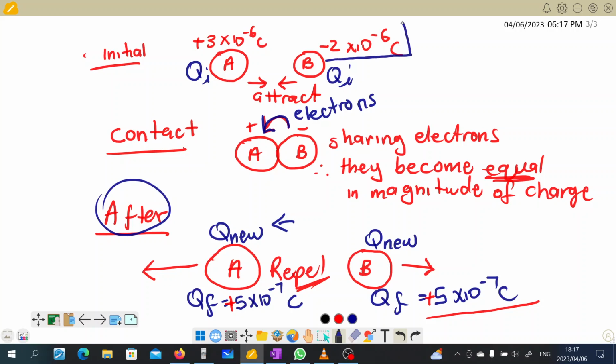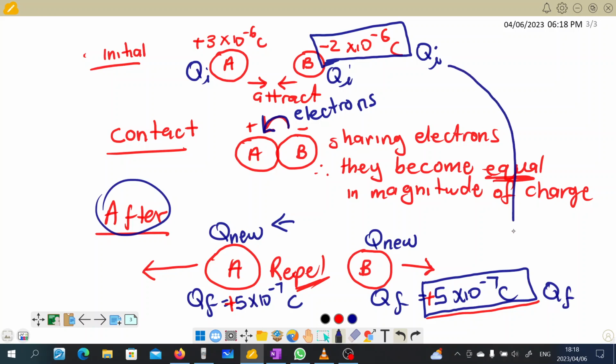Look, initially this was B, negative 2 microcoulombs, or negative 2 times 10 to the power negative 6. But after contact now, look at B. B now is positive 5 times 10 to the power negative 7. There is a change here from the initial amount of charge of B and the final amount of charge of B. So we need to know what is this difference.